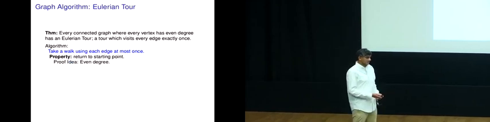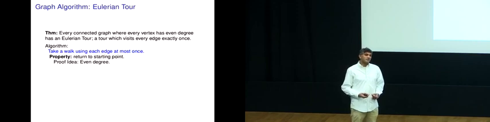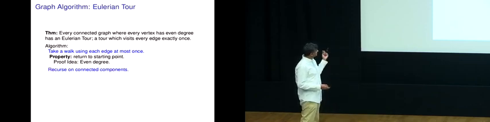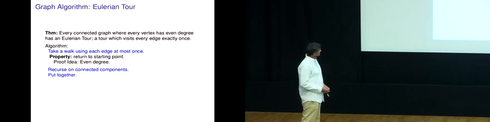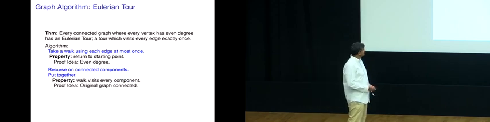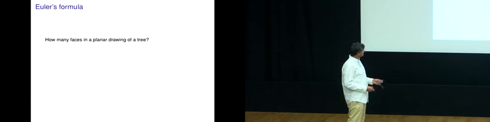It's a parity argument, because since the degree is even, whenever you go to a node, you can always leave. So eventually you have to end up back where you started to get stuck. For any intermediate node, you can always leave. The starting node, you come back to it and you get stuck. Then you recurse on the connected components and put it together. The walk visits every component because the original graph was connected.